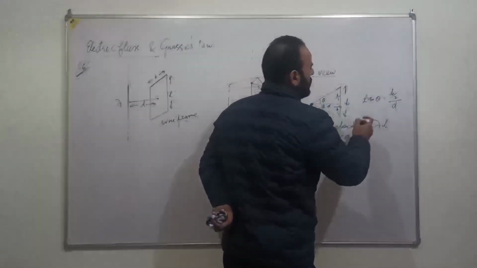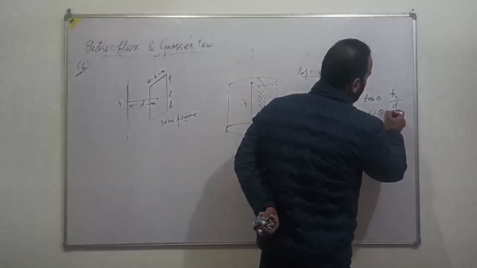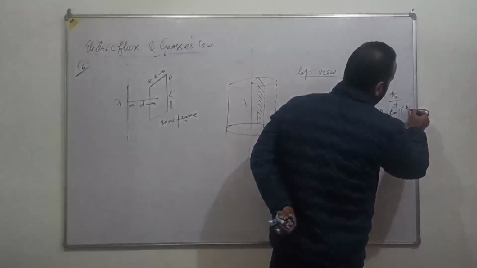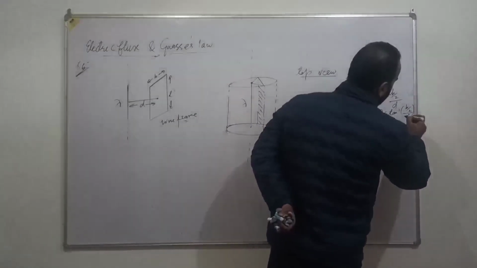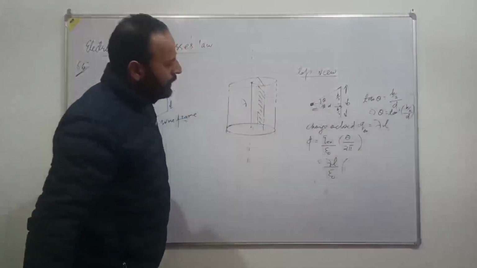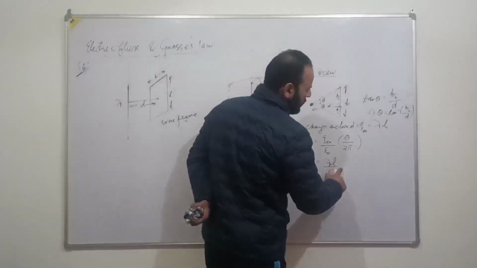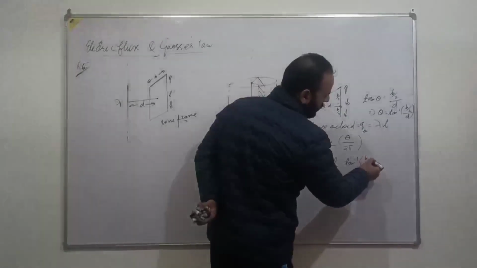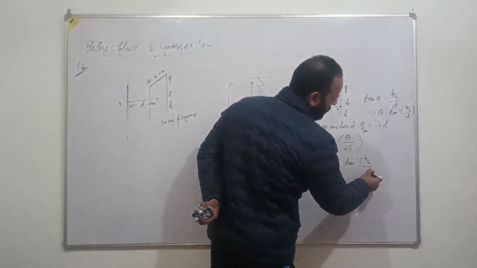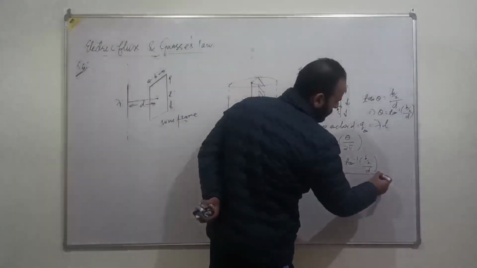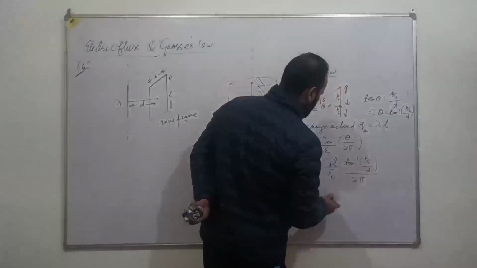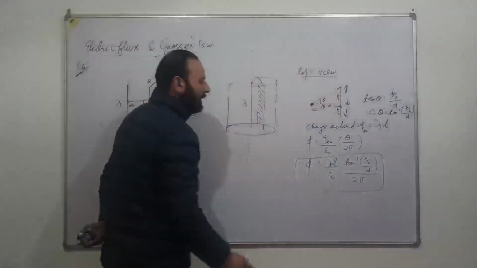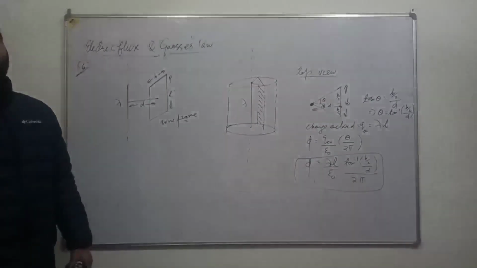This implies theta is equal to tan inverse of b by 2 divided by d. So the flux is lambda L by epsilon naught times tan inverse of (b by 2 by d) divided by 2 pi. This is the flux due to the linear charge distribution through a wire frame.